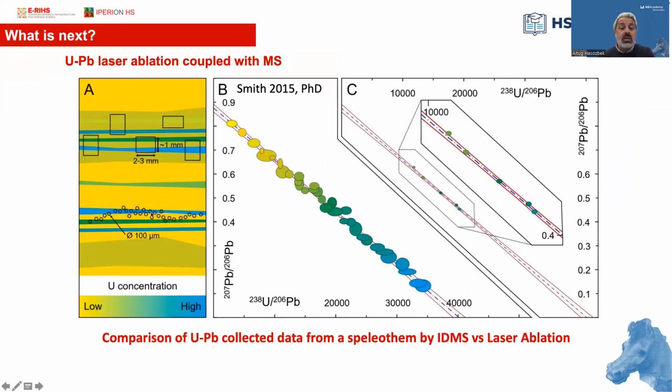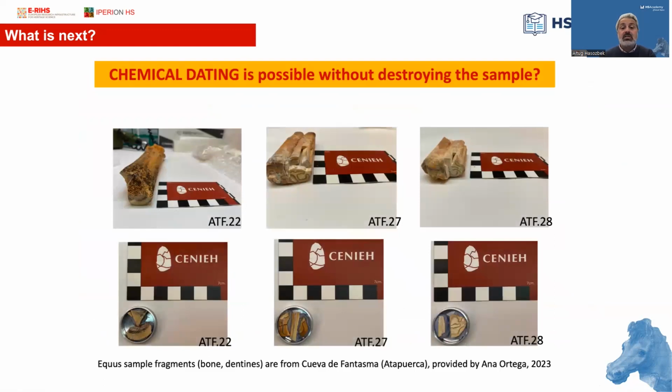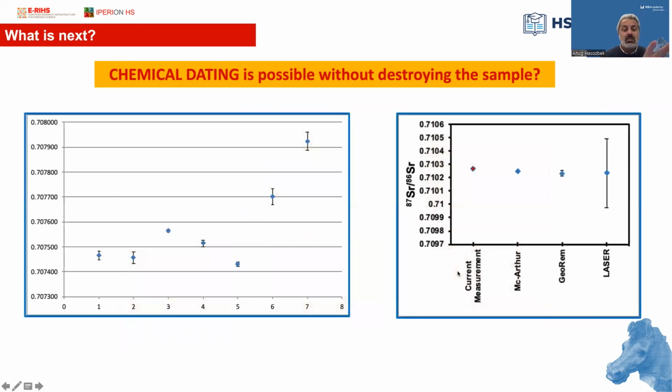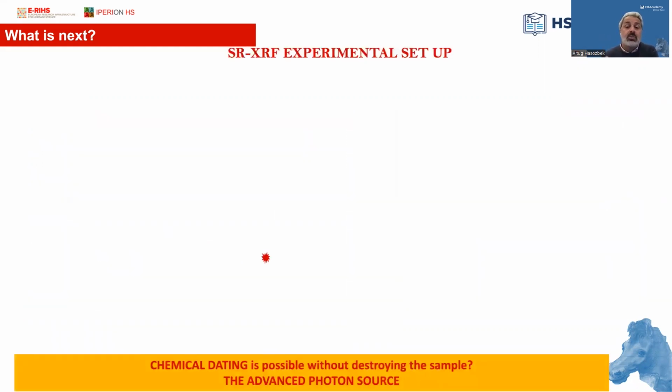You don't need chemistry to separate your uranium and lead, and you can have your Concordia, and you can have your data in, I would say, 60 seconds by using the laser ablation technique. And for chemical dating, this was also previously done. I did some laser ablation work at the University of Miami. I focused on strontium isotopes, but what I'm trying to indicate is that this is an ongoing process, so it is possible to use laser ablation techniques to lower the destruction of your precious samples.